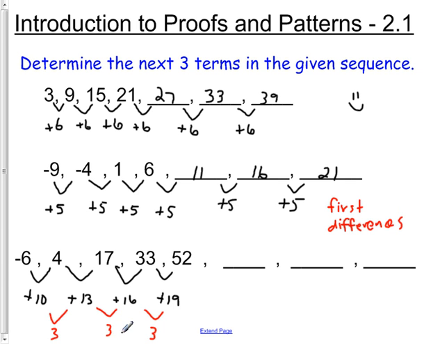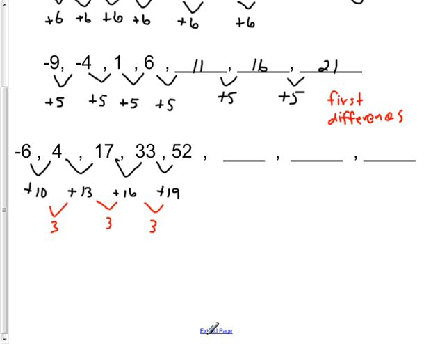On here, the plus 10, plus 13, plus 16, plus 19 were the first differences, and the 3s are the second differences.